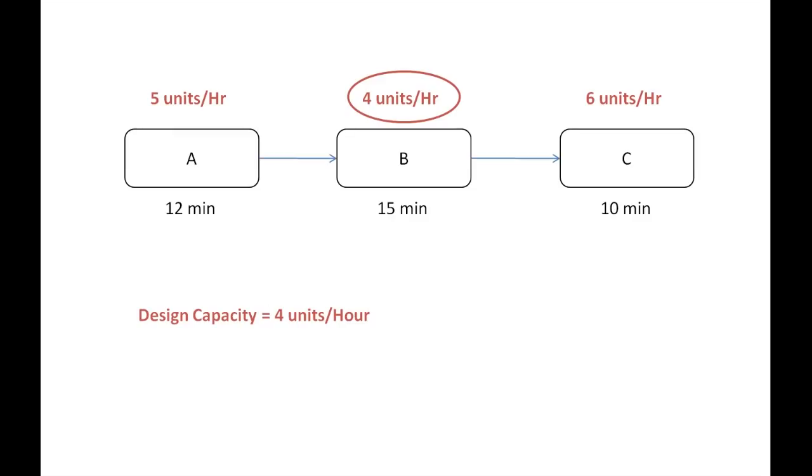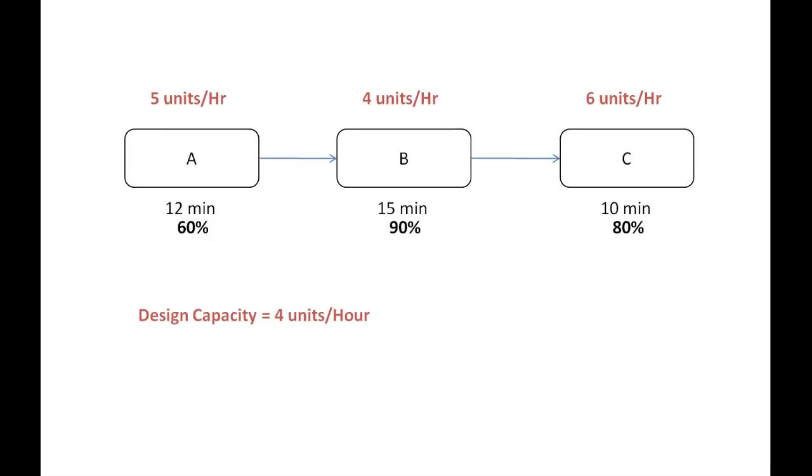So now to make things a little interesting, let's add the reliability component to all the workstations. All right, so let's assume that workstation A has a reliability of 60%, B has a reliability of 90%, and C has a reliability of 80%. So in this case, it's a bit tricky. So 5, 4, and 6 were the design capacities.